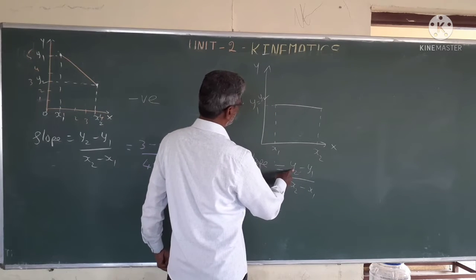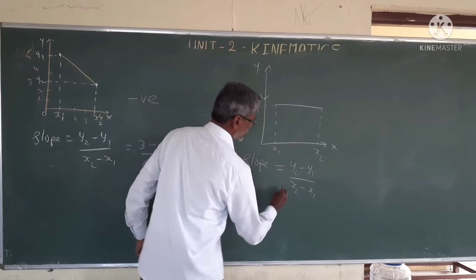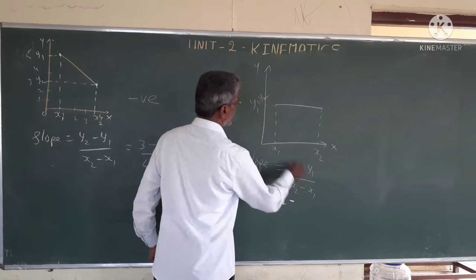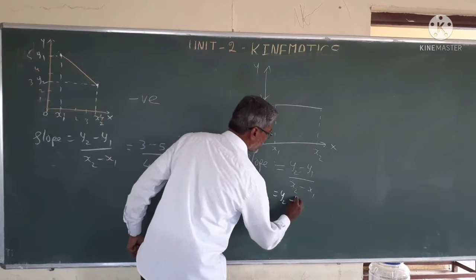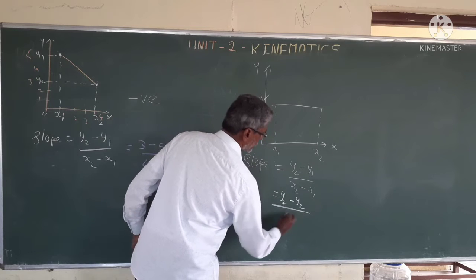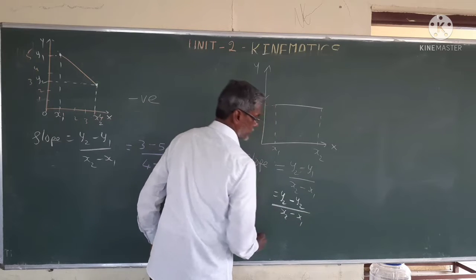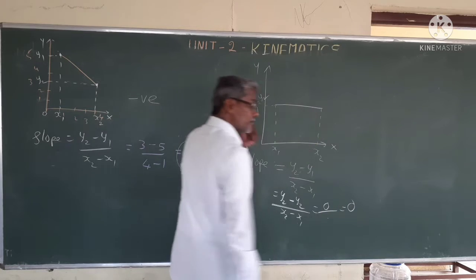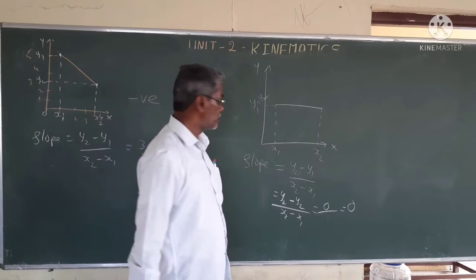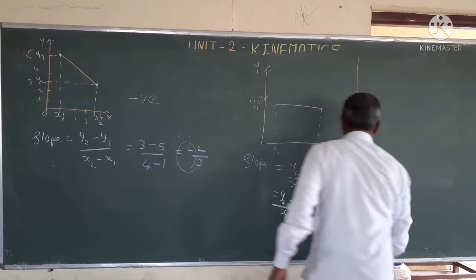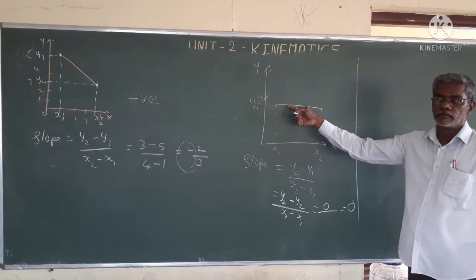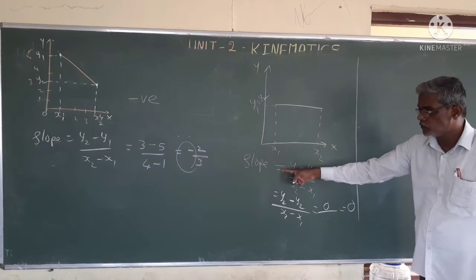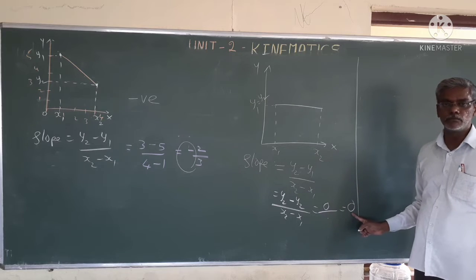Since y1 is nothing but y2, I can write y2 minus y2 over x2 minus x1. So 0 by any number will give 0. Therefore, for a horizontal line, the slope will be 0.